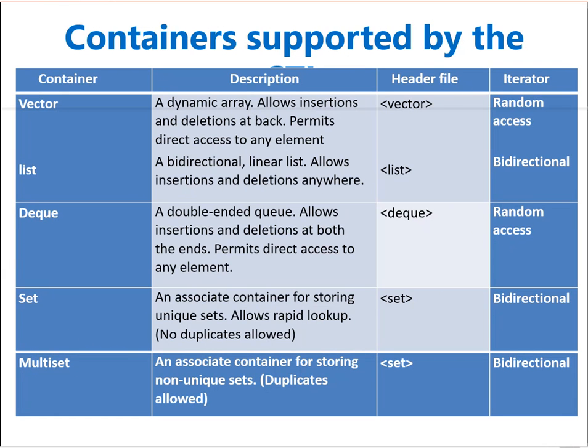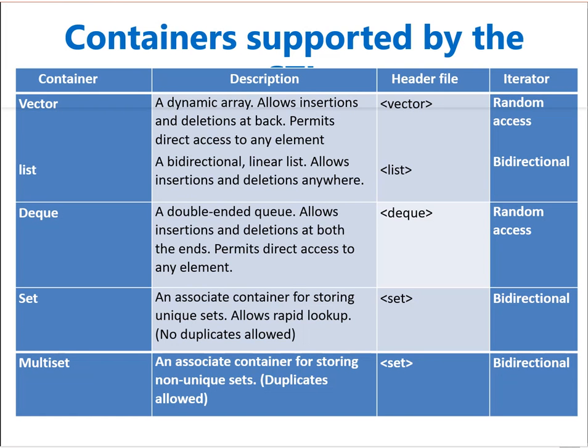In detail, for all these container examples, vector, as we know, is a dynamic array that allows insertion and deletion at the back and permits direct access to any element. All functionality of the vector container is defined in the vector.h header file, and for manipulation of data we use the random access iterator.